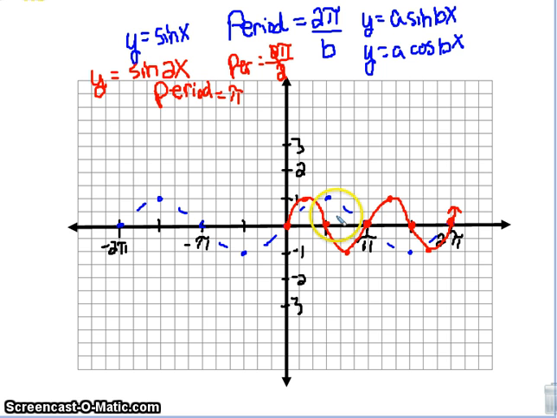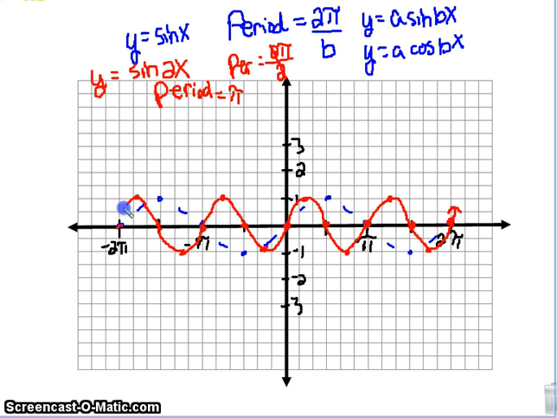Now, if I want to go in the opposite direction, I'm going to go down first and then up. You cannot do this. That looks really bad. You cannot do this if you don't know your basic sine and cosine.